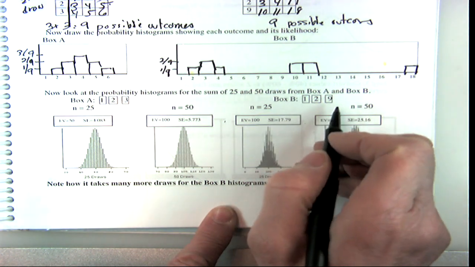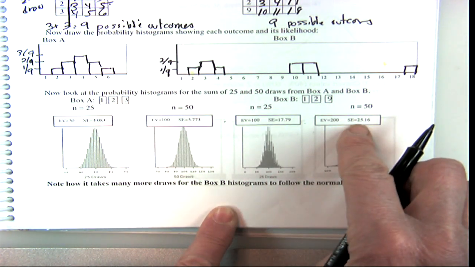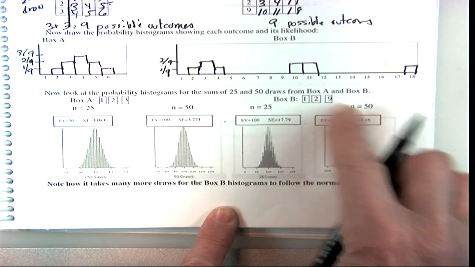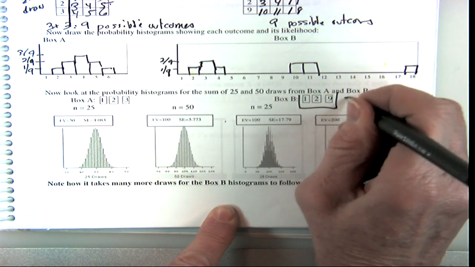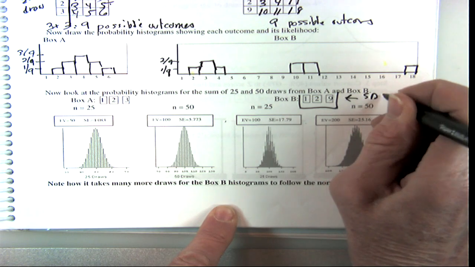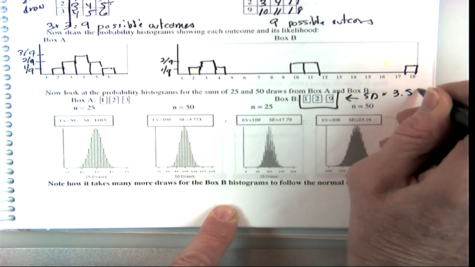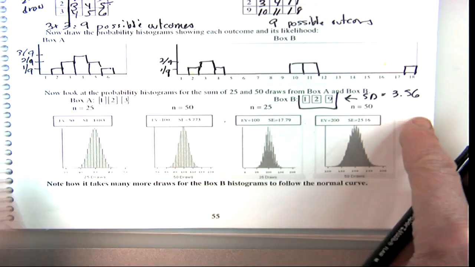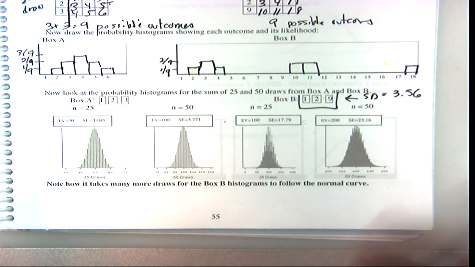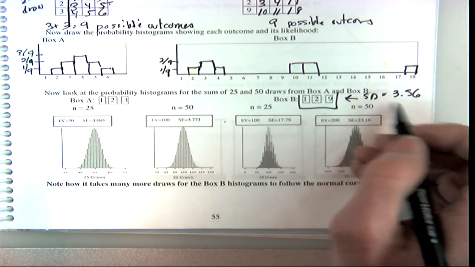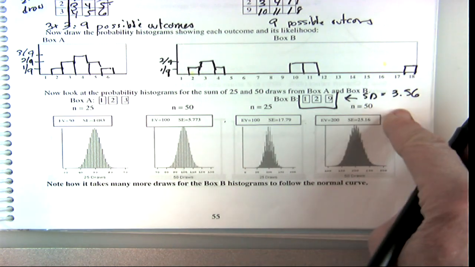This one has a bigger standard deviation. Do you see what these standard errors are? They're going to be the square root of n times the standard deviation. The standard deviation of this box is 3.56. I looked that up by doing it, I don't know that offhand, obviously.